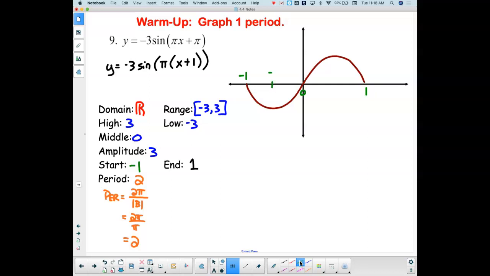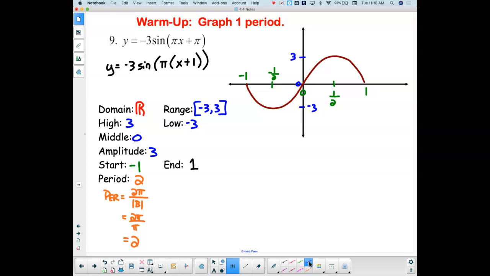Halfway point then would be negative 1/2, and positive 1/2. Vertically, it goes down to -3, we said, and up to +3.